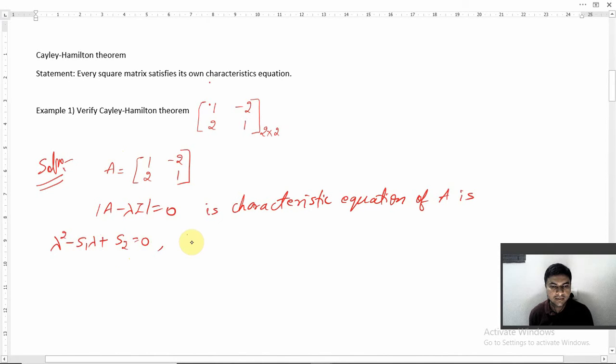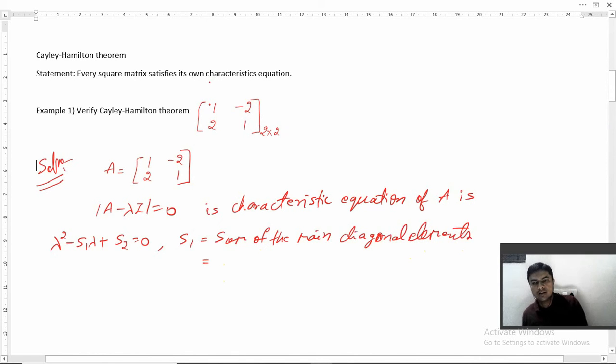So here please remember s1 is nothing but the sum of the main diagonal elements, and this will be equal to, so look at the example, students. What is the diagonal element? You can easily find.